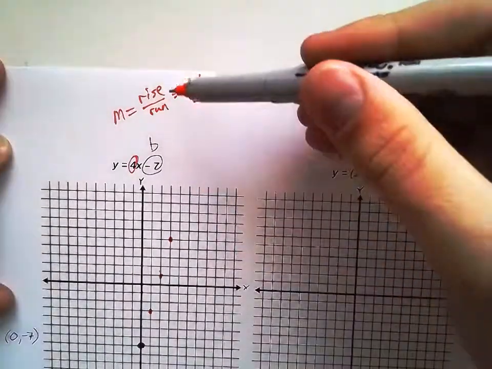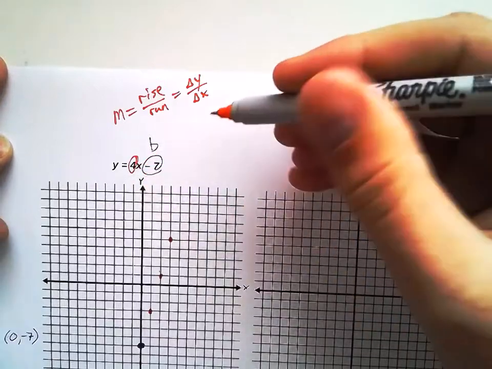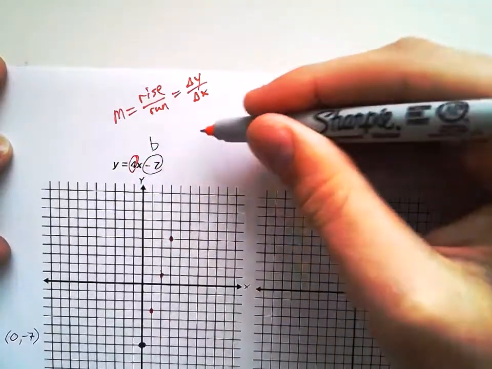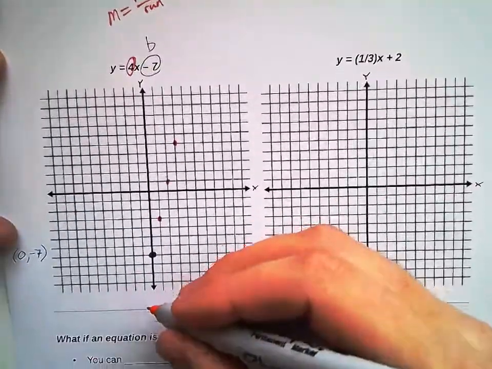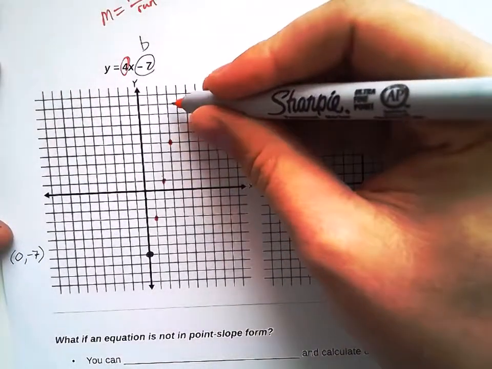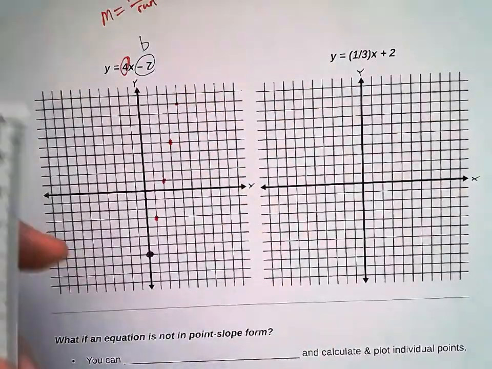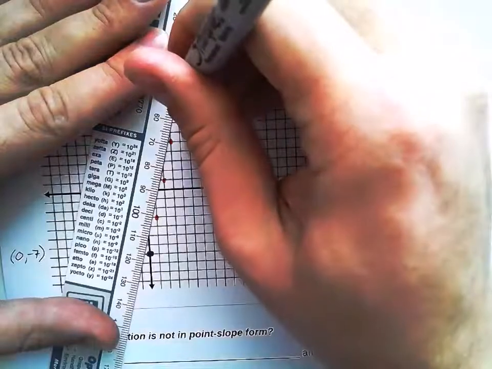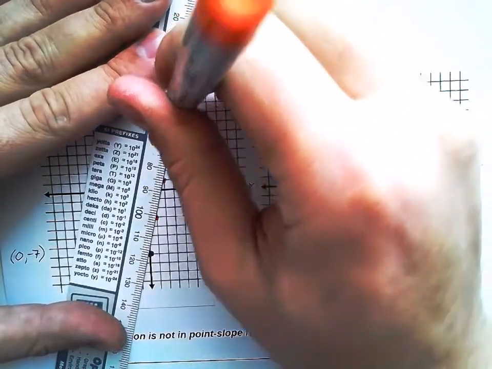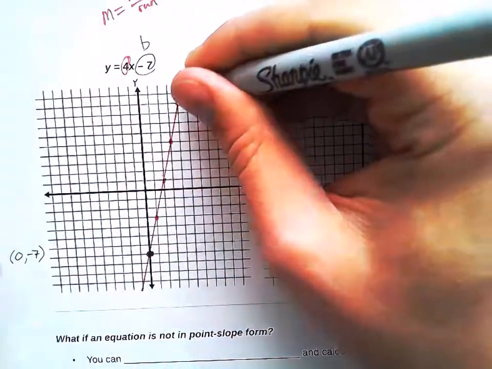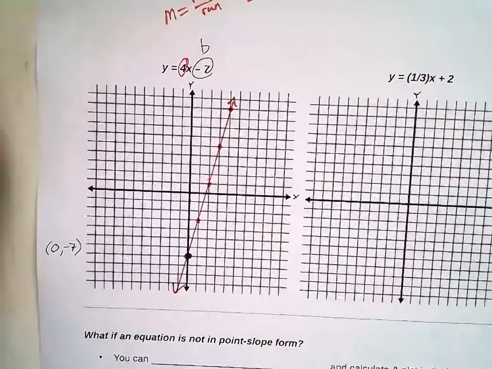So 4 is really 4 over 1, so we go up 4 over 1, up 4 over 1, and fill that in. There's our line.